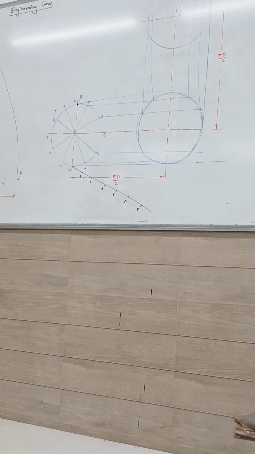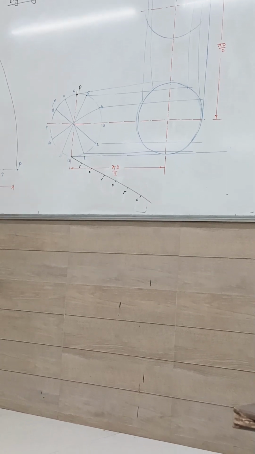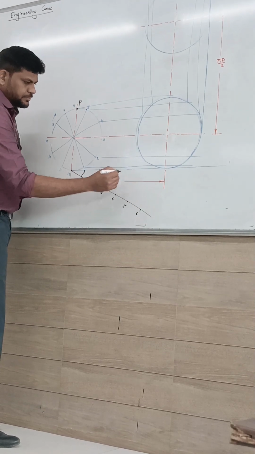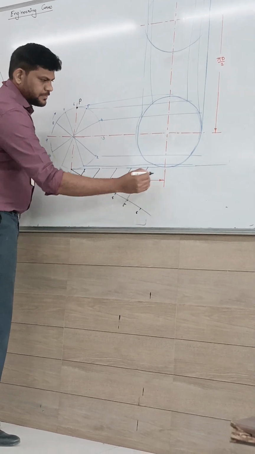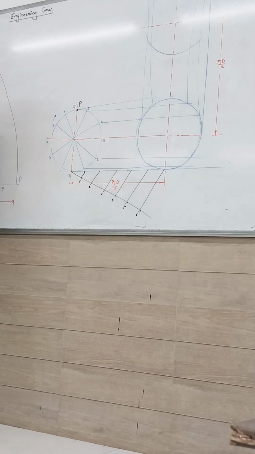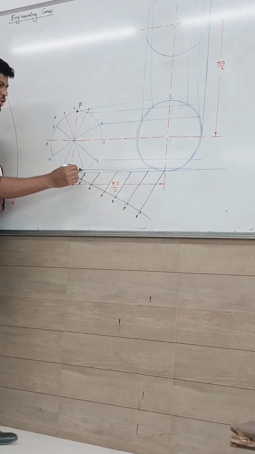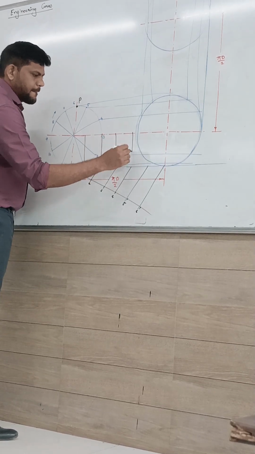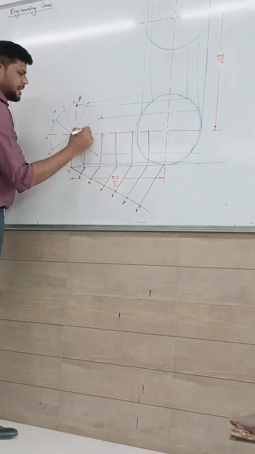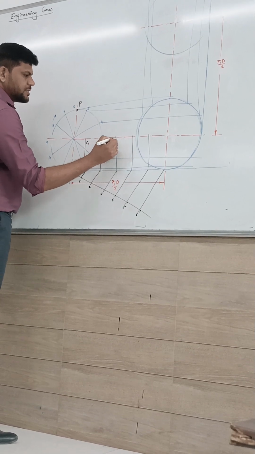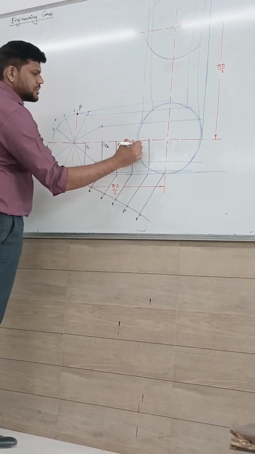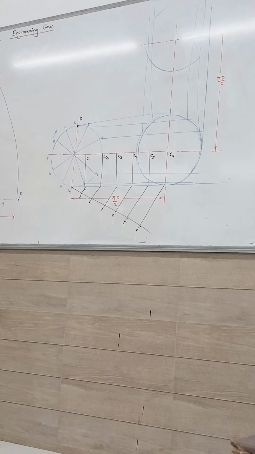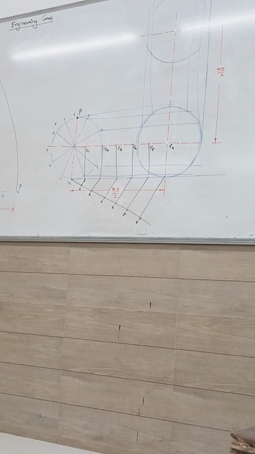We are going to travel half a revolution, so 6. The last division will meet at that point. Transfer those points on the center line. This is my point C1, C2, C3, C4, C5, C6. We will get 6 center points.